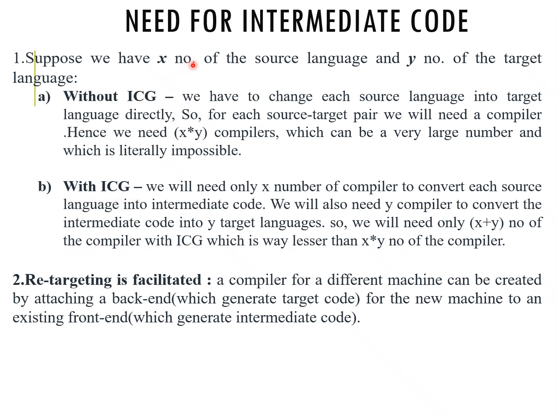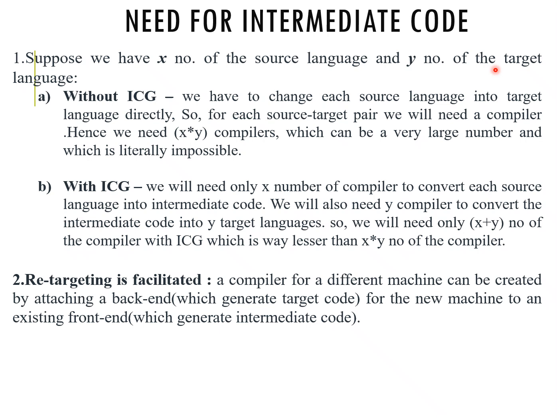The slide says, assume that I have X number of source languages and Y number of target languages. That is, assume I am writing my program in C, C++ and Java, and I have 3 machines on which these programs need to be executed. Because I do not have an intermediate code, I have 3 programs and 3 machines.